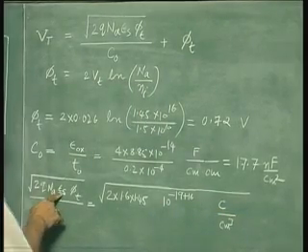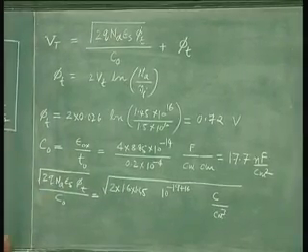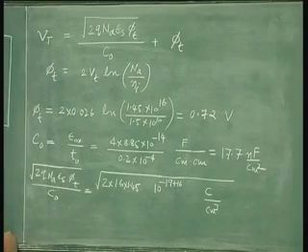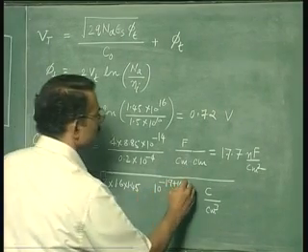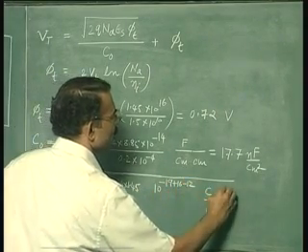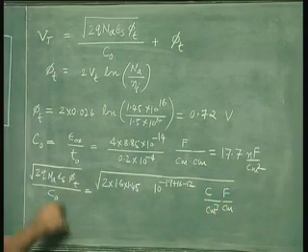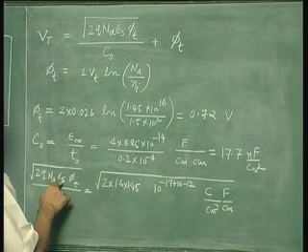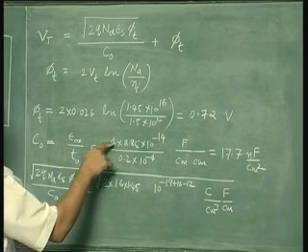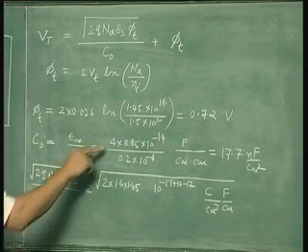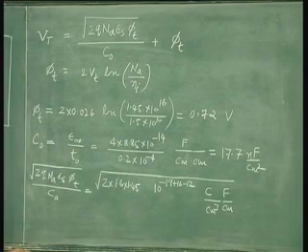Then comes epsilon s. You recall from the calculations done for the p-n junction that approximately we can assume epsilon s to be 10 power minus 12 farad per centimeter for silicon. Basically this value 10 power minus 12 for epsilon s is given by 12 into 8.85 into 10 power minus 14, because the dielectric constant of silicon is 12.